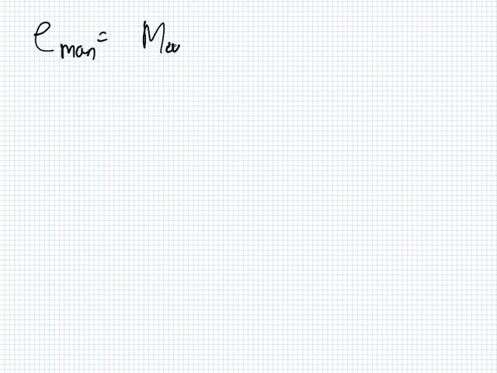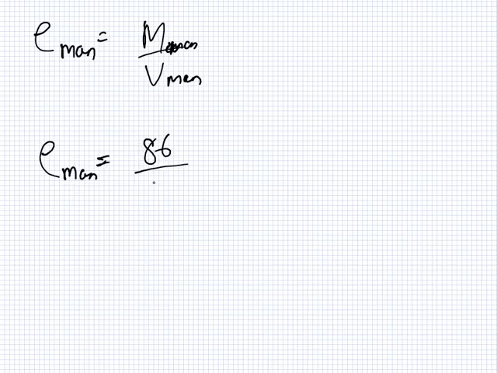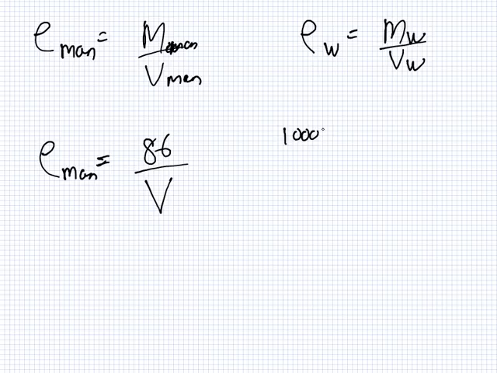Good. Right. Density of the water equals mass of the water over volume of the water. Do we know the density of water? Yes, it's 1000. Do we know the mass of the water? No. Do we know the volume of the water? No, but we know it's 70% the volume of the total man. And then density of the carbon is 2000 equals mass of the carbon over volume of the carbon, which is 0.3 V. Yes. Yeah.